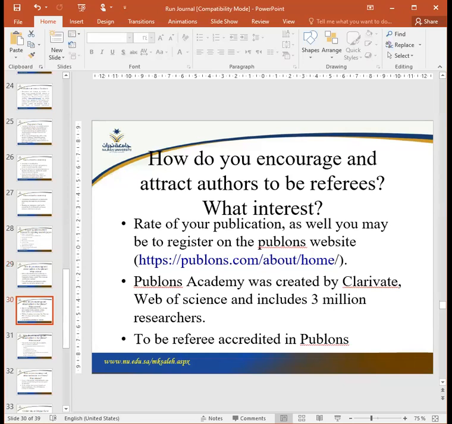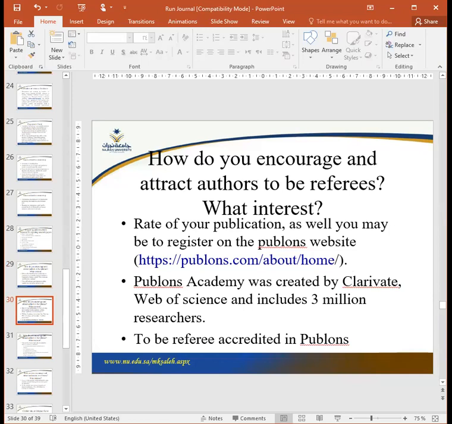One of the reasons for increasing your chance of being selected as a referee is the rate of your publication. As well, you may register on the Publons website. Just go to publons.com and start to make an account there.